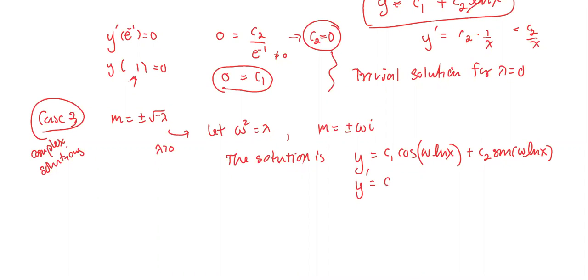The derivative of the cosine is negative sine, using the chain rule. Omega is the constant coefficient, so multiplied by omega divided by x. Then plus, same thing, C2 cosine omega natural log x times omega over x.